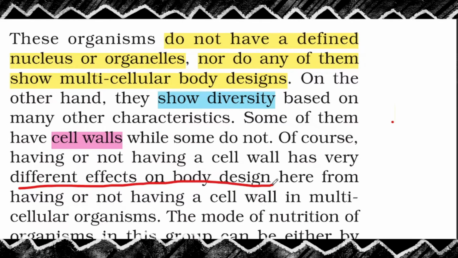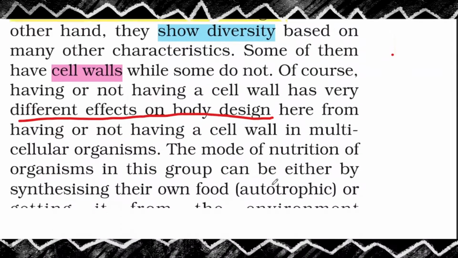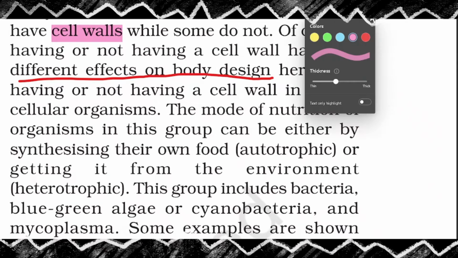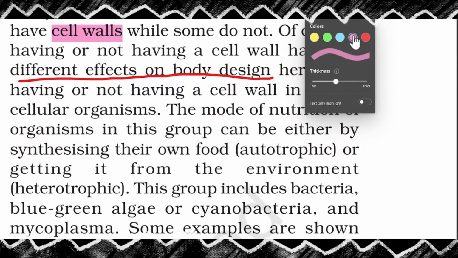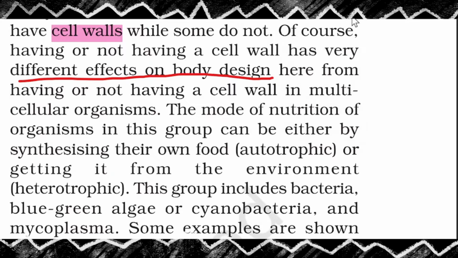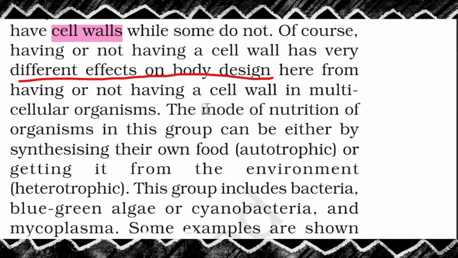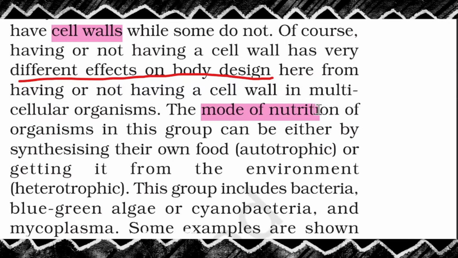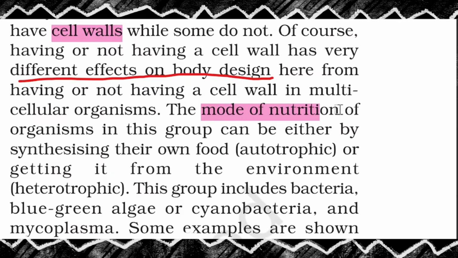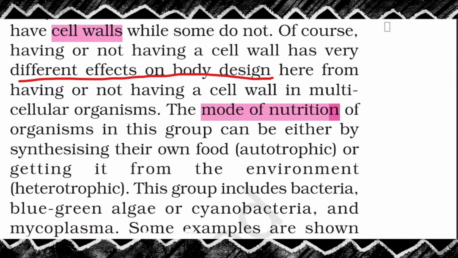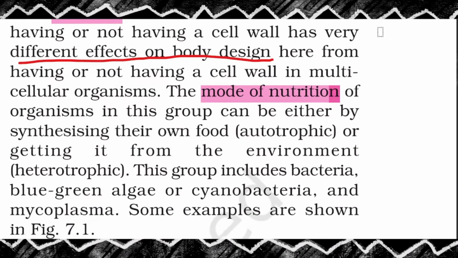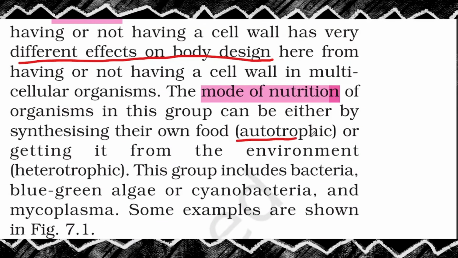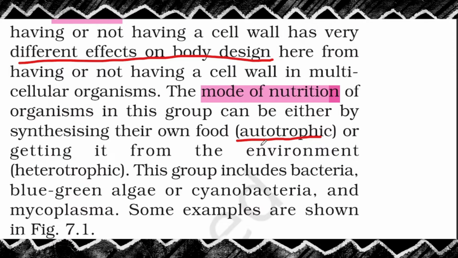And we can say that having a cell wall or not having a cell wall has different effects on body design, right? So this was all about the cell wall, one of the characteristics. Now let us know the mode of nutrition of the MONERA group, that is, how do they get nutrition. They have two options: one is autotrophic and another is heterotrophic.